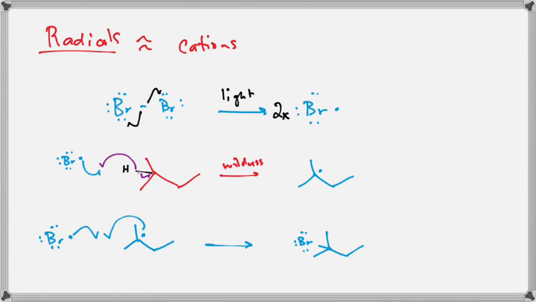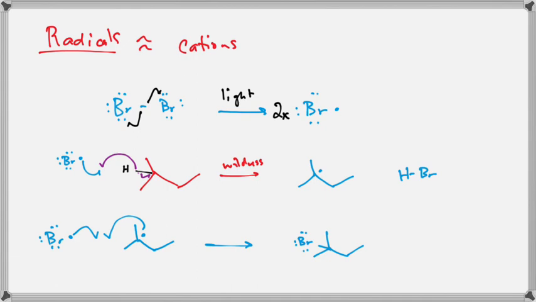Which is now going to shift us to the next topic within radicals. What happened in the very first step? I broke stable bromine into a bromine radical. What happened in the next step? I started with a radical and ended with a radical.